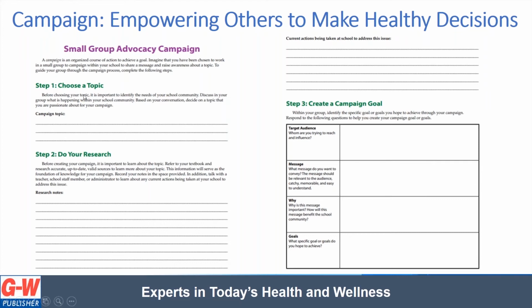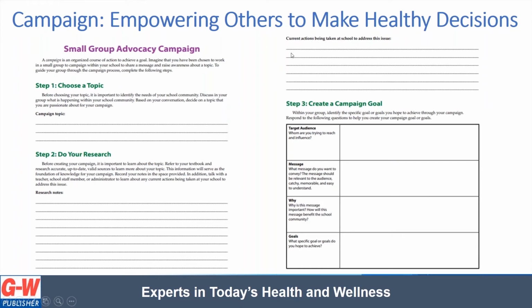So in step 1, as a small group, they're going to choose a topic and identify it here. In step 2, they're going to do research, and they're going to find accurate, up-to-date, valid sources to learn more about this topic. And they're going to write their research notes here.